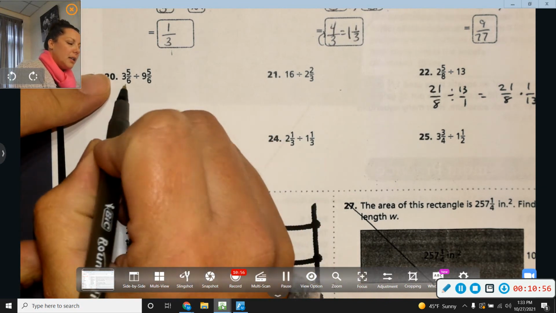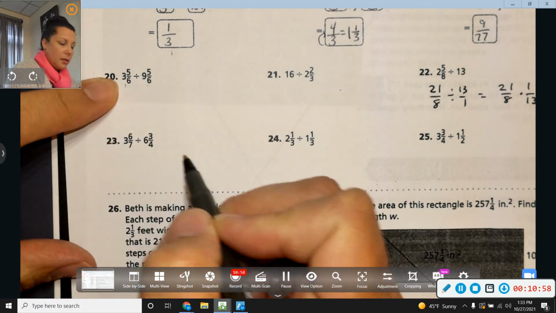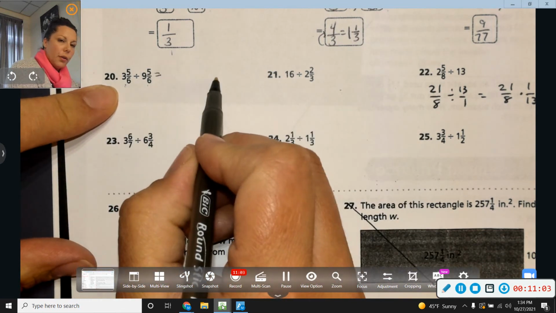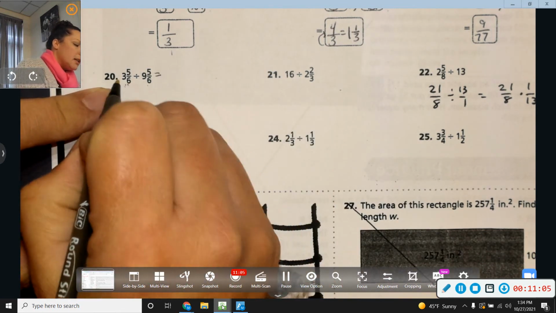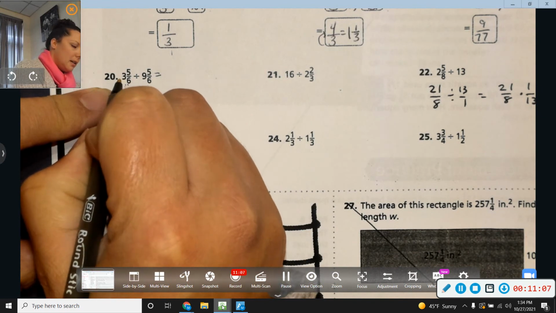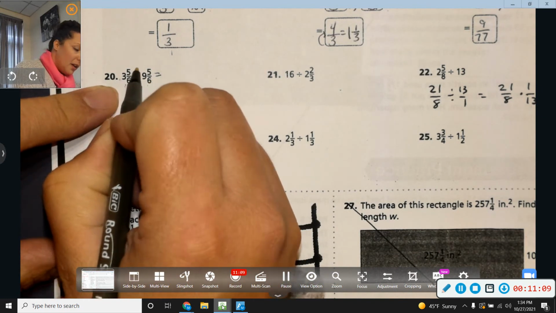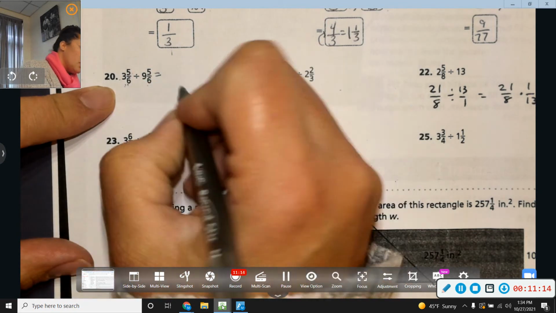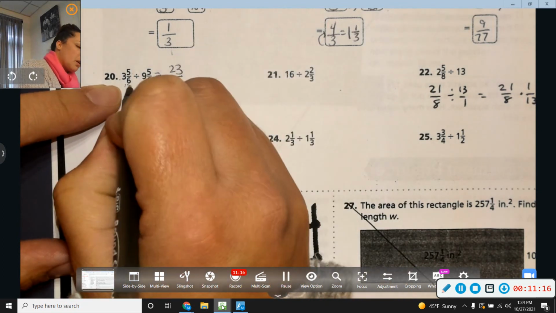Alright, so I need to wheel these. I'm going to wheel it kind of like they did. I'm going to go over here and wheel it. So 6 times 3 is 18 plus 5. So 18, 19, 20, 21, 22, 23 over 6.